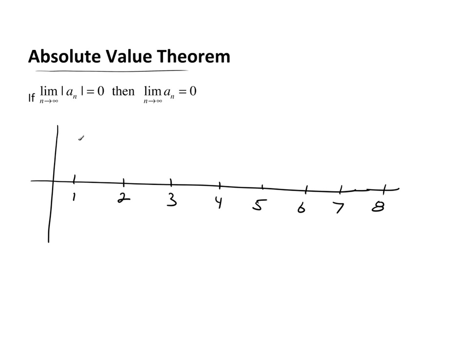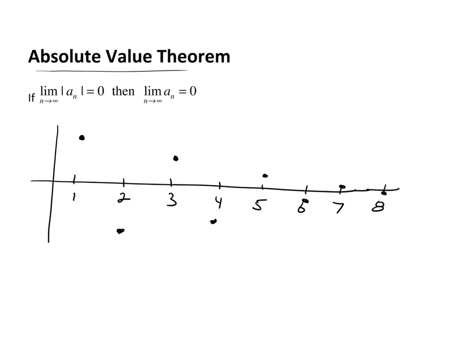So let's just suppose that a_n goes like this. What's happening here is a_n is positive and negative, positive and negative, positive and negative. But I think you can see I'm getting closer and closer to 0.